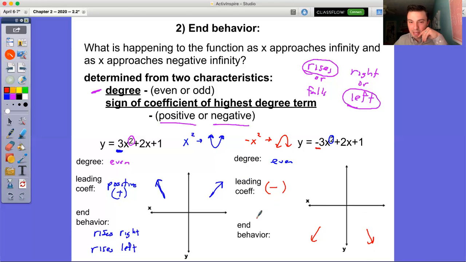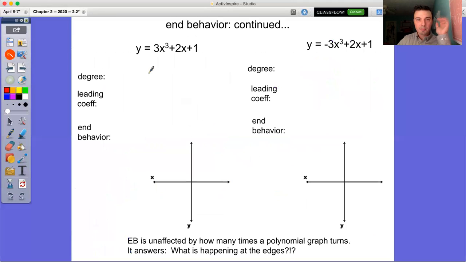So the way we describe that is falls right and falls left. Okay? So falls left and falls right when it's even and negative. And again, you don't have to write these down yet. I'm going to put them all in a chart at the end. Okay. Next one.